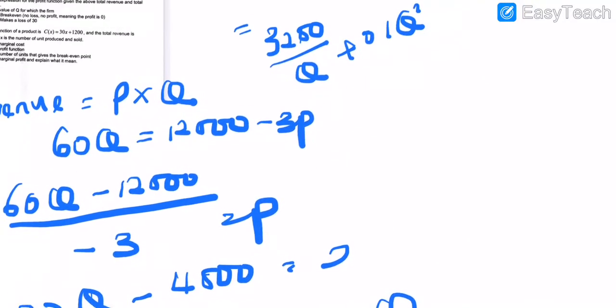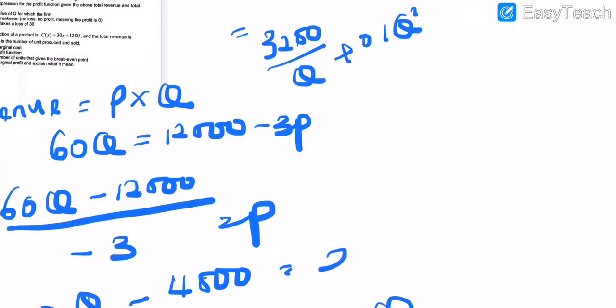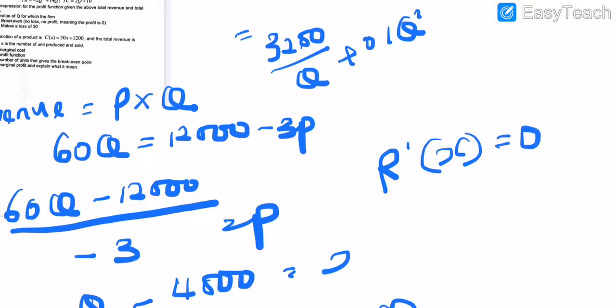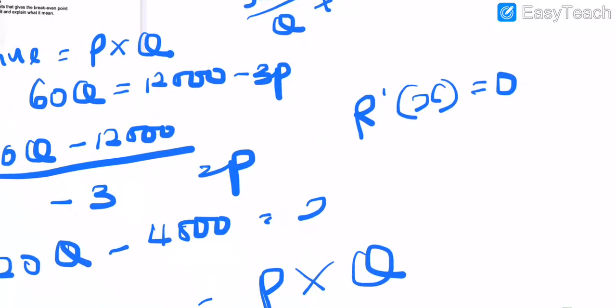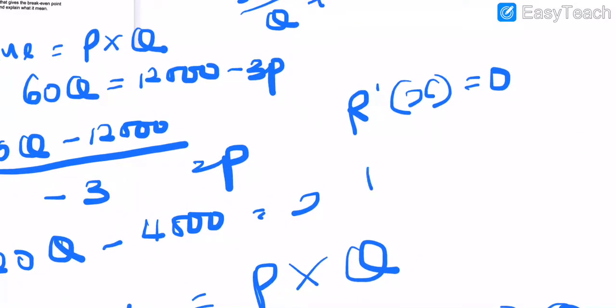Okay, so find out what is the value of Q. Determine the value of Q at which profit is maximum. So when profit is maximum, meaning to say that the marginal profit is equal to 0.